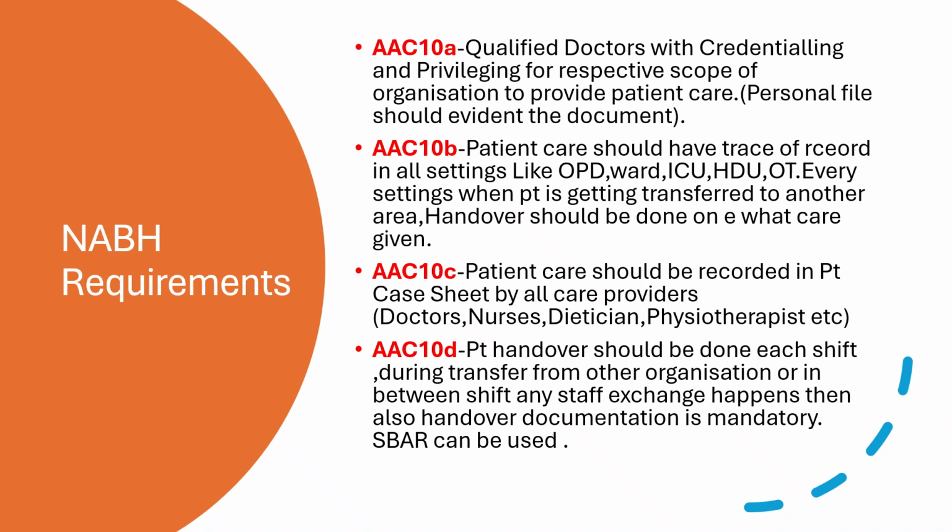If you have general medicine, then a qualified general medicine consultant should be there. If you have gynec, then a qualified gynecologist should be there. Their qualifications, credentialing, privileging all should be documented in their personal file in the HR department, right? This is the requirement of the first objective element.